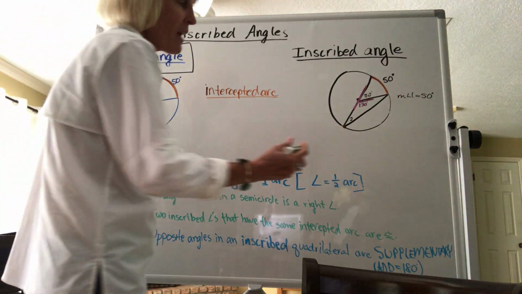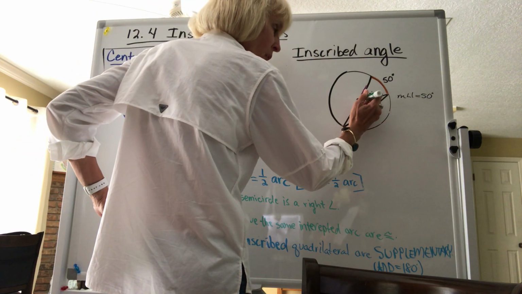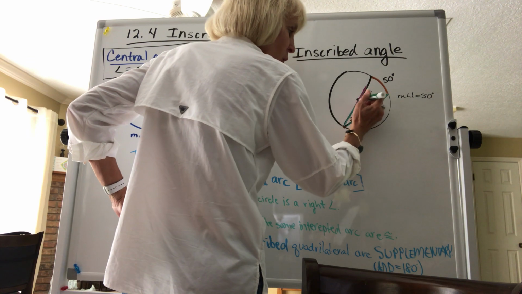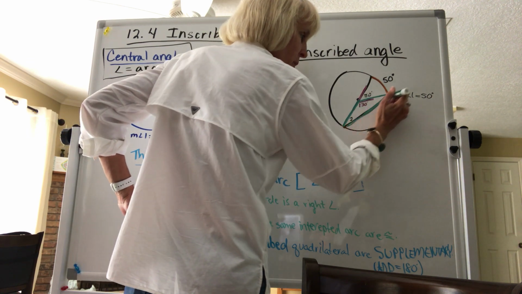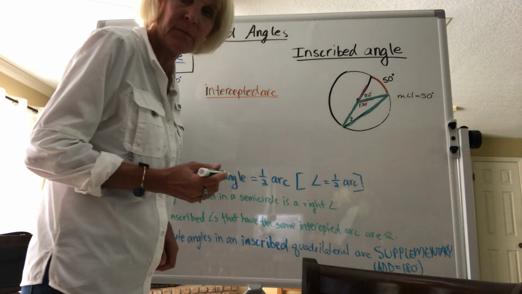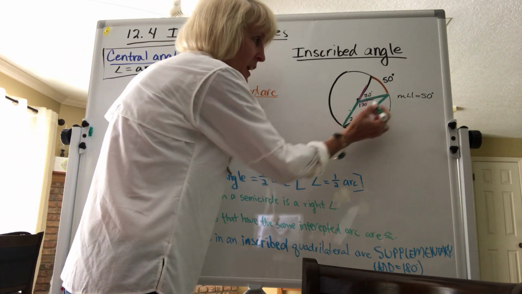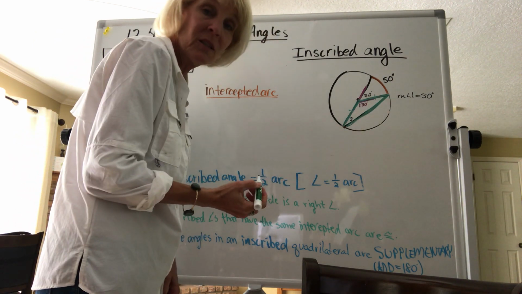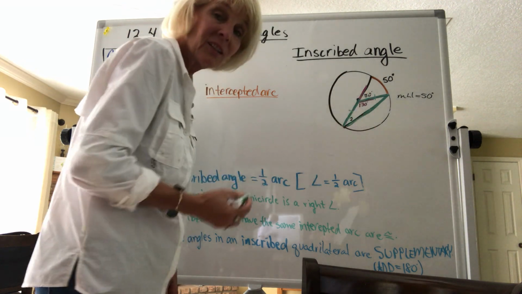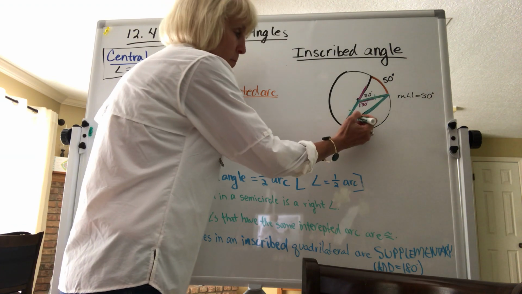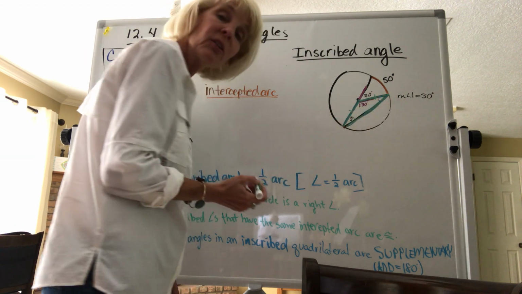Now we want to look at this new triangle that has the central angle of 130 degrees. What kind of triangle is this green triangle? Remember what a lot of you were having some struggles with: the radii are always congruent. So I really just have an isosceles triangle. And what do you know about an isosceles triangle? Base angles have to be congruent.